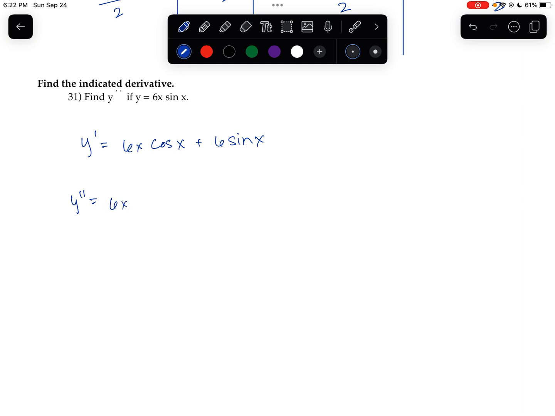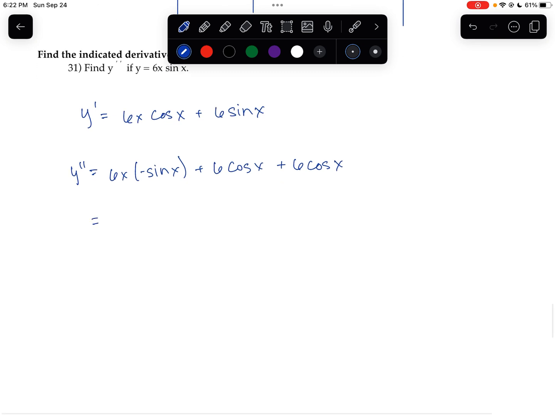So the first times the derivative of the second plus the derivative of the first times the second, plus the derivative of this term, which would be 6 cosine of x. So you get negative 6x sine of x plus 12 cosine of x, and there you go.